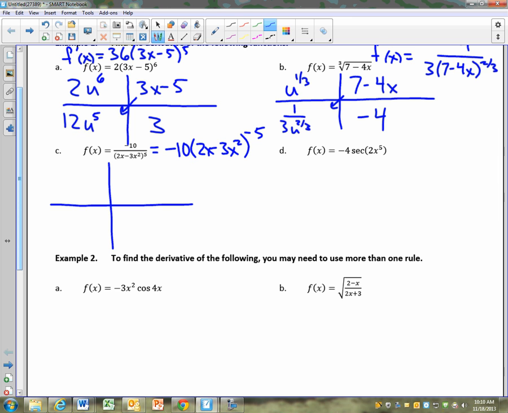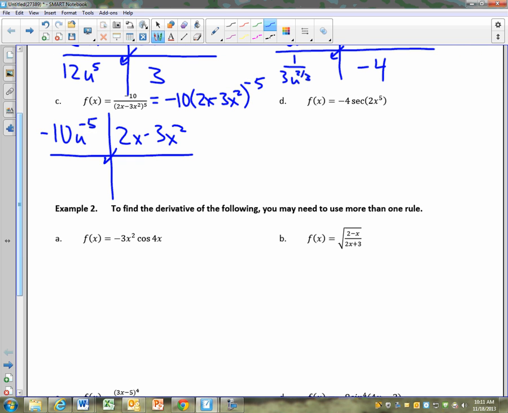So my inside is 2x minus 3x squared, the outside is negative 10u to the negative 5. Now it's time to take the derivative. What is the derivative of negative 10u to the negative fifth? 50u to the negative 6. What's the derivative of 2x minus 3x squared?